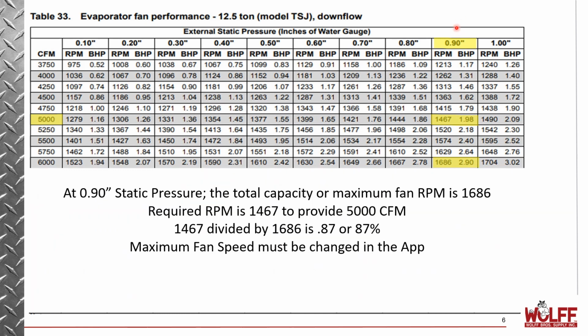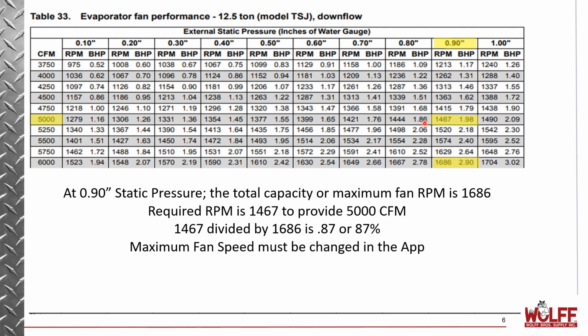As you can see by our chart, at 0.9 inches of static pressure, the total capacity for this fan, or maximum RPM, is going to be 1686, which translates over to 6,000 CFM, which is just entirely too much for our needs. So we need to find our required CFM, which is 5,000, and follow that across. That translates to an RPM of 1467.